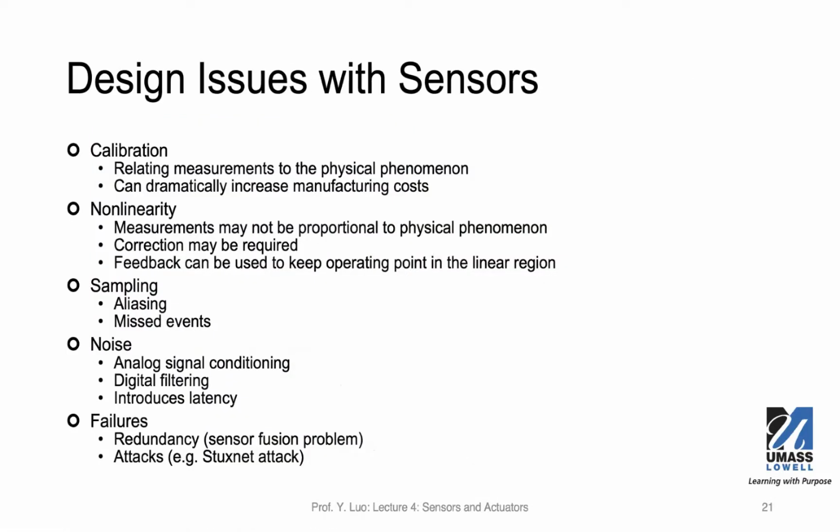I want to point out some design issues, some challenges with sensor design and applications. For some sensors, you need to calibrate to relate the measurement to physical phenomena, which can increase manufacturing cost.